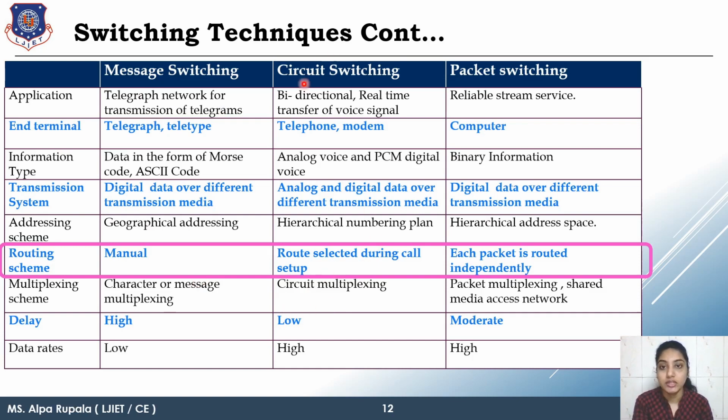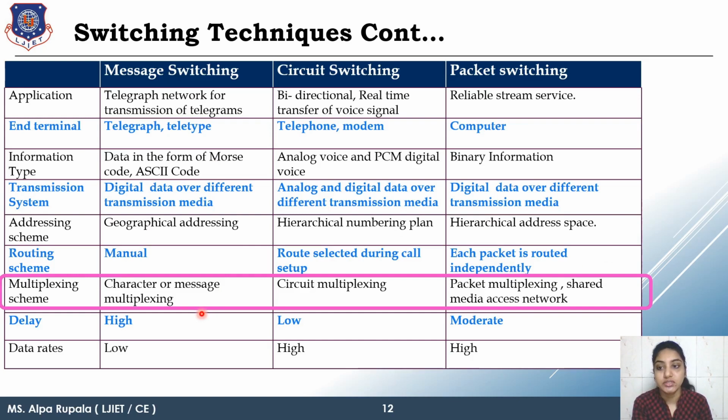In circuit switching, the route is selected during call setup, and in packet switching, individual packets are sent individually. We are not talking about virtual packet switching here. In virtual packet switching, we give an already decided, pre-decided path, that is the VCI.